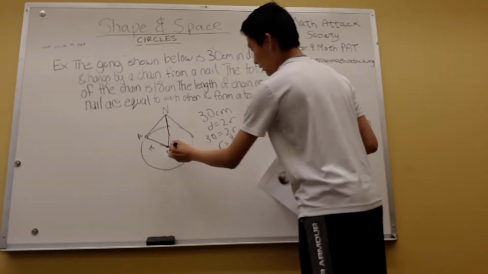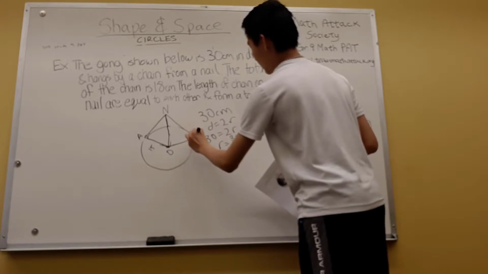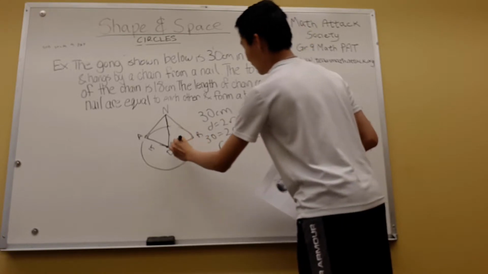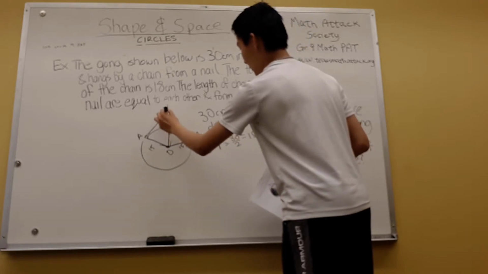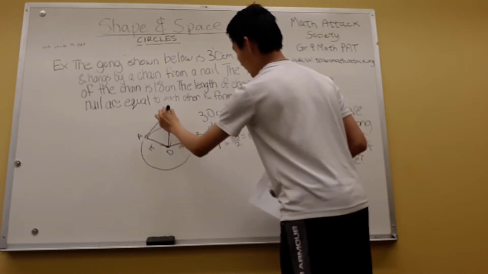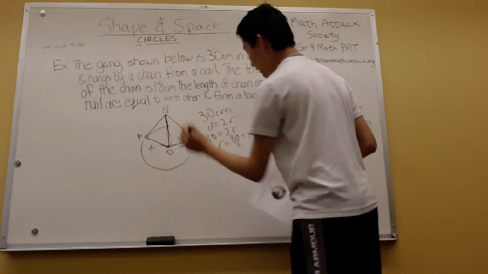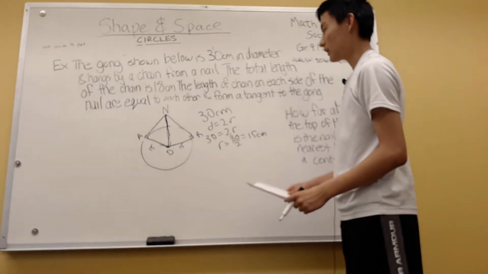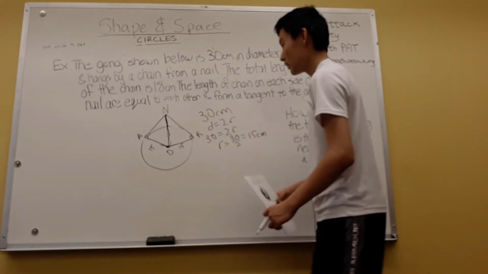Based on tangents, if we do the same thing on this side and call this point B, this is also 15, and they both share this common side NO, and this angle is also right. Because of that, these two triangles are congruent.